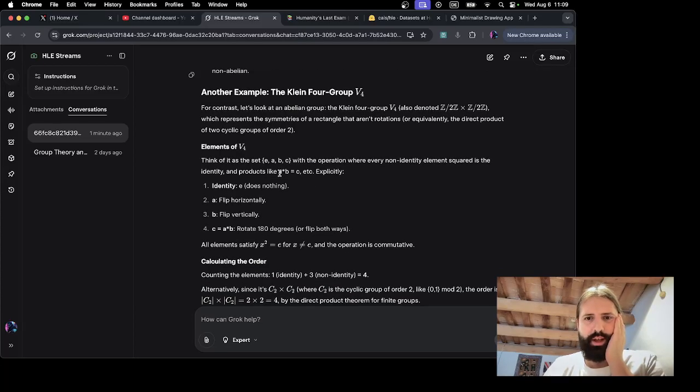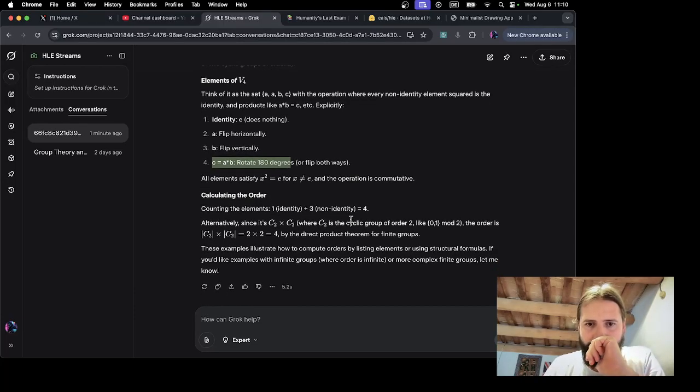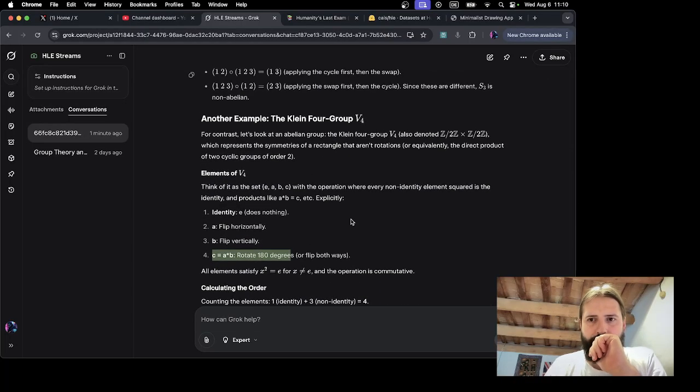Think of it as a set {e, a, b, c} with the operation where every non-identity element squared is the identity and products like a times b equal c. So these are the symmetries of a rectangle that aren't rotations: you have flip horizontal, flip vertical. But there are no rotations, right? So why are you including a rotation? Yeah, okay, cool.